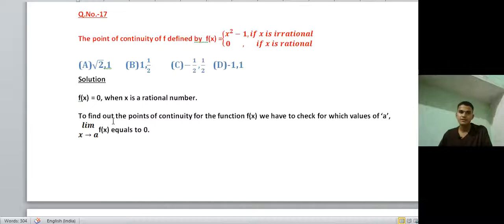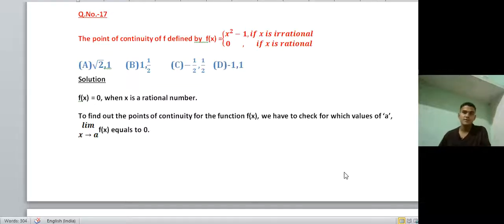So to find out the points of continuity of the function f of x, we have to check for which value of a, limit x tends to a, f of x is equal to 0.